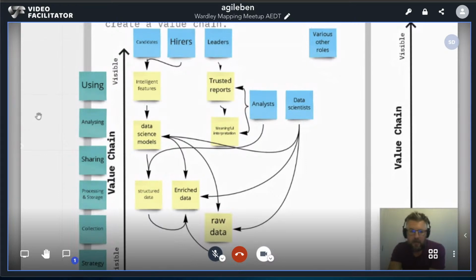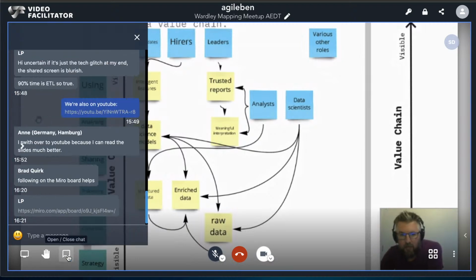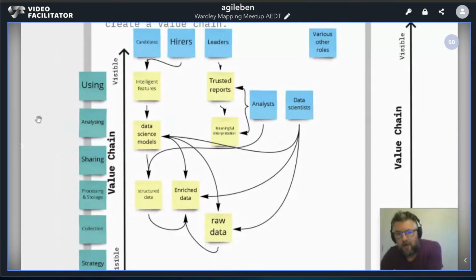All right. So we can see in this example, I've again sort of simplified it. Candidates and hirers are looking for these intelligent features. They're powered by our data science models.